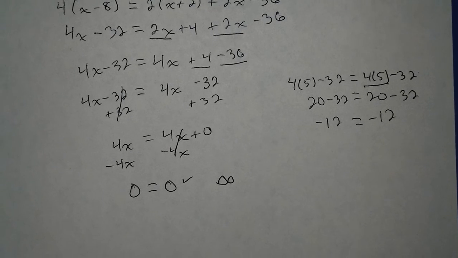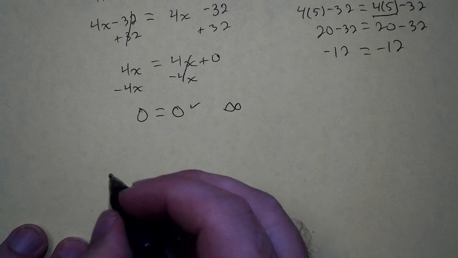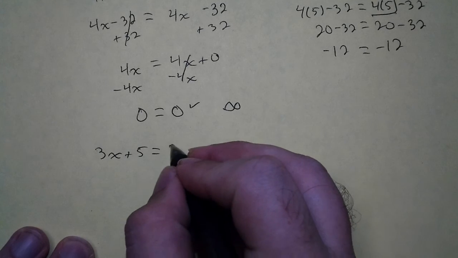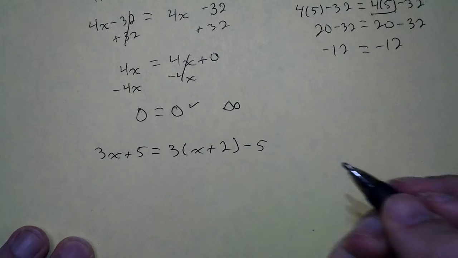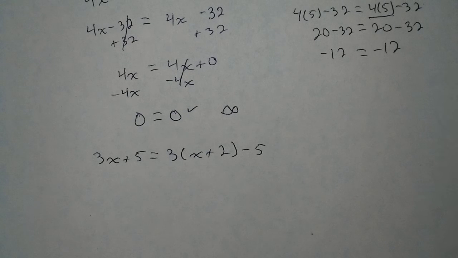Now, I want us to look at another problem. Let's say I had 3x plus 5 equals 3 parentheses x plus 2 minus 5. All right? Now, what would we do to solve this? Well, we have parentheses.